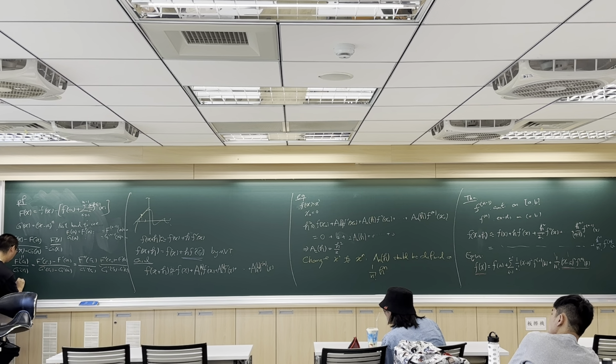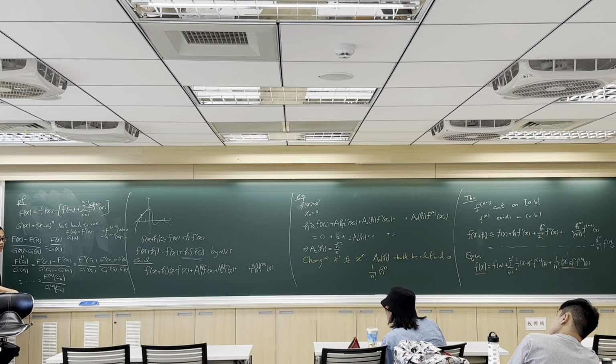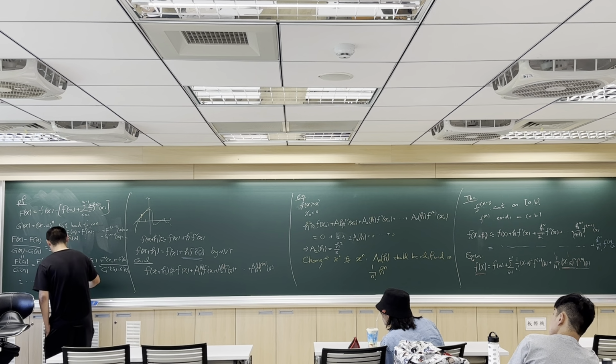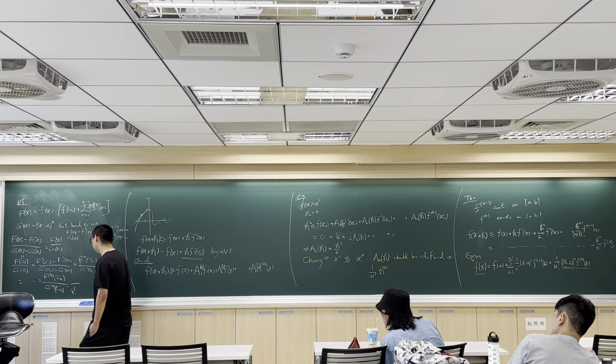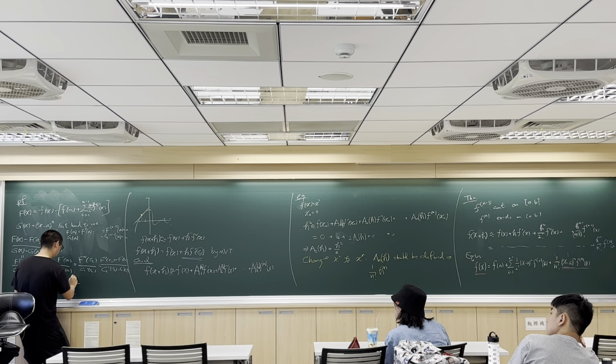Alright, so it equals f^(n) of cn over g^(n) of cn. Right? What's this? This is this, and this one is f^(n) of cn.